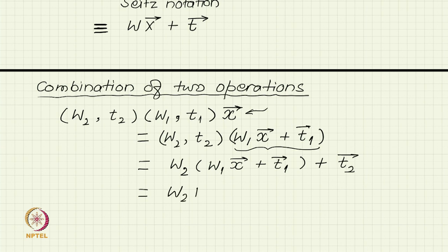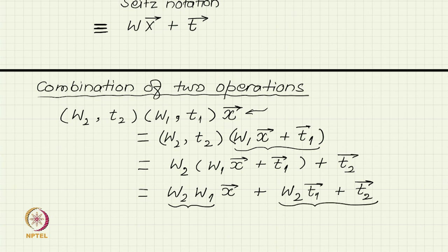We can open the bracket. So, we get W2 W1 x, W2 T1 plus T2. So, you can see now that the net rotation is taking place by W2 W1 and the net translation is taking place by this vector.